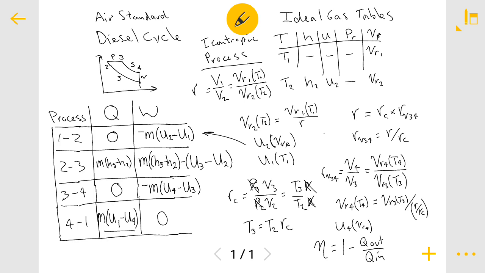And I do need to recognize that Q out is going to be a negative value, so I would use the absolute value of this, since I've already made it negative in my equation. So put some numbers in, and you should be good for a homework problem using the air standard method.